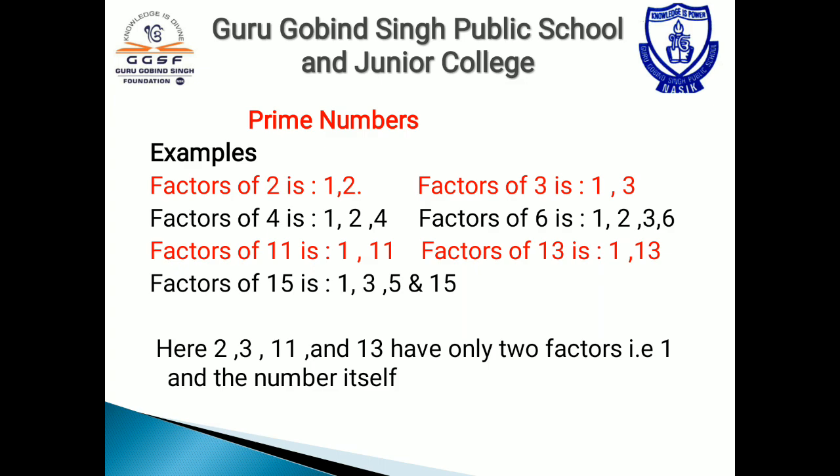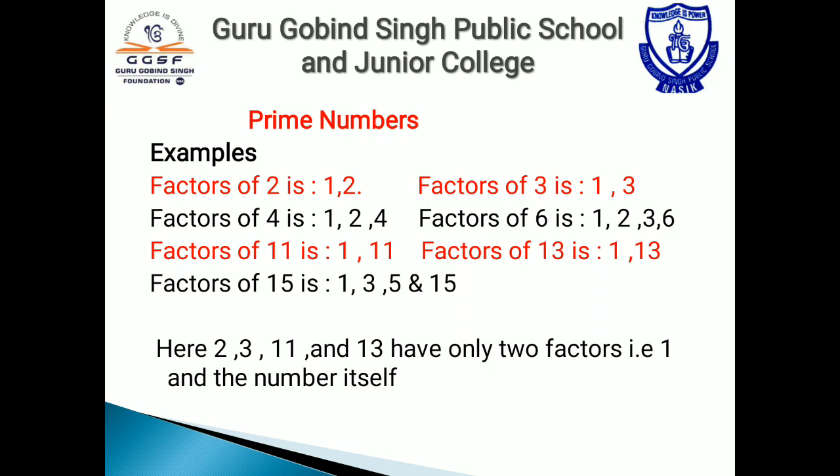If we compare all these examples, what we observe is that the numbers 2, 3, 11 and 13 have only two factors, that is 1 and the number itself.